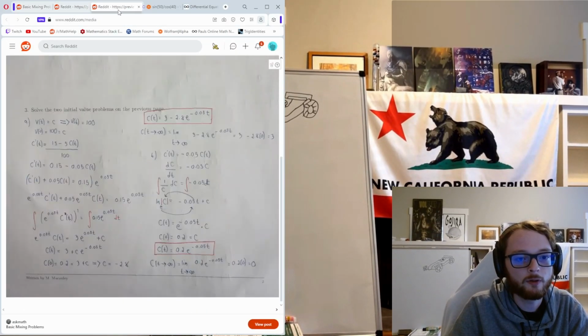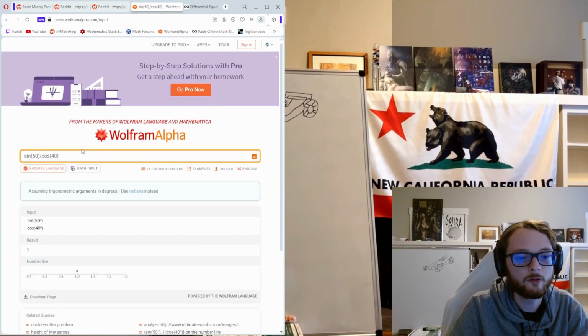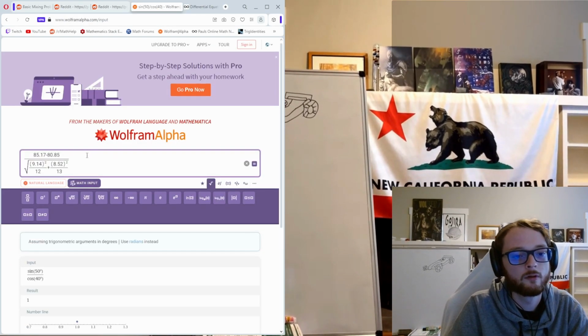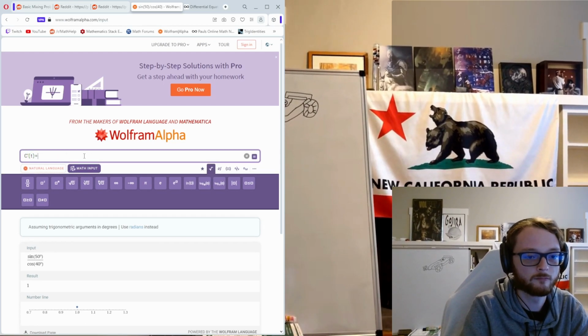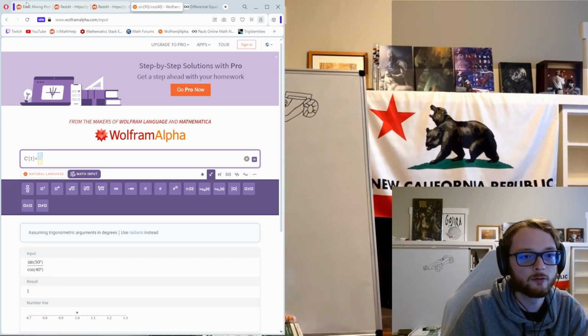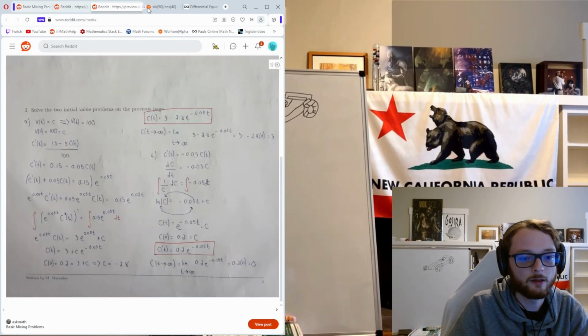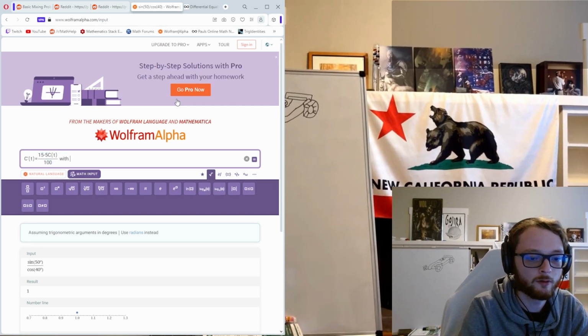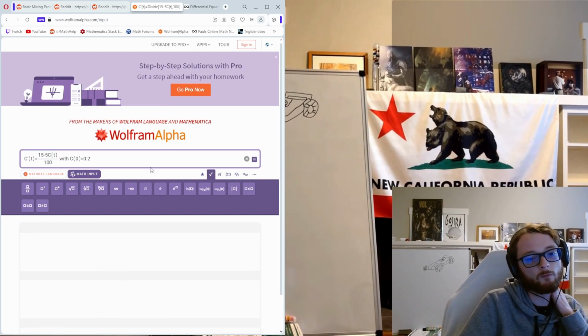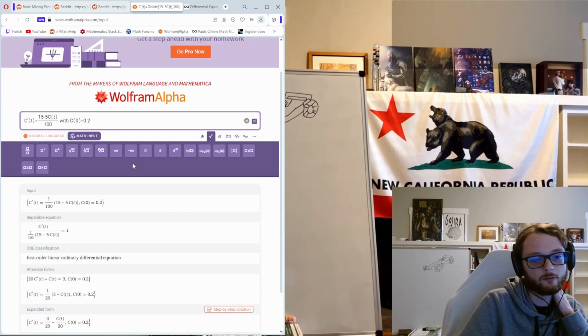I wanted to solve this. C prime of t equals the fraction 15 minus 5 C of t over 100 with C of 0 equals 0.2. Hopefully it interprets that last part right, the initial value.